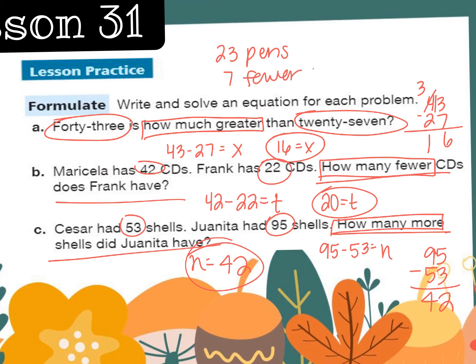So how many pens does Lena have? So what do I do? How do I write this equation? 23 minus 7 equals N. And then what do I do? 23 minus 7, which is how many? How many does Lena have? 16. Very good.